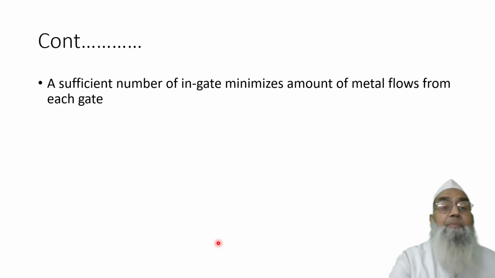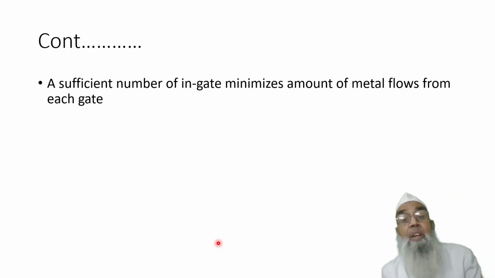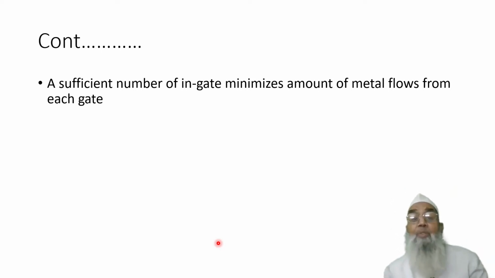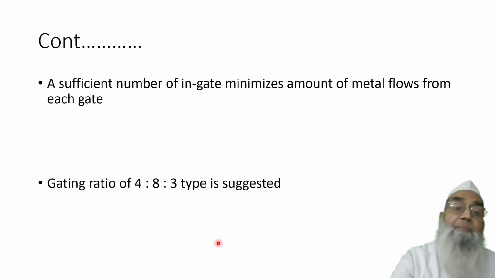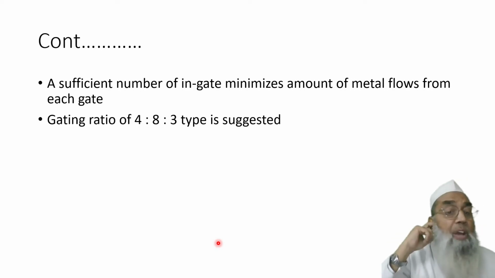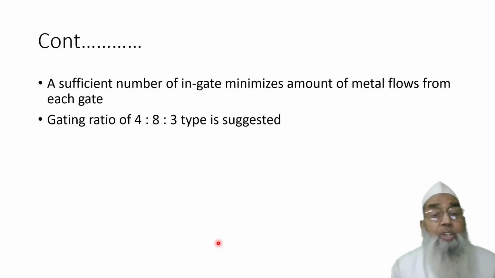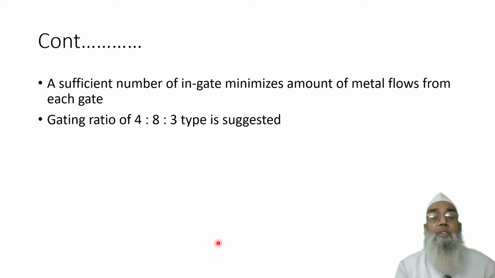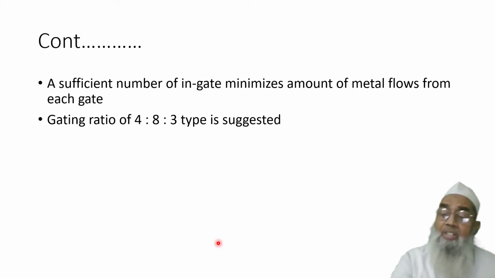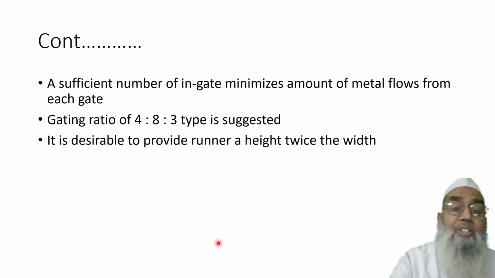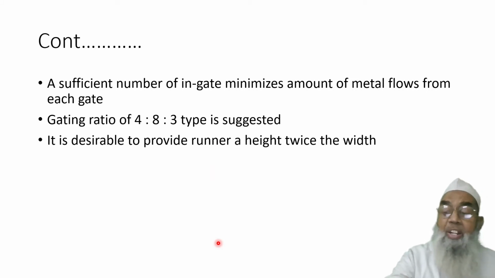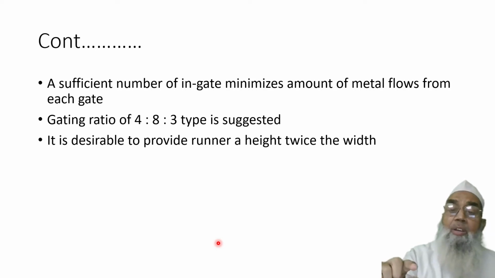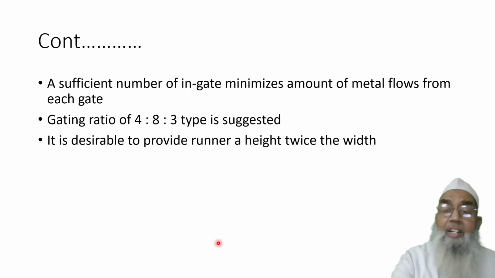Now, a sufficient number of ingates minimizes the amount of metal flow into each gate. A gating ratio of 4:8:3 is generally suggested. It is desirable to provide a runner with a height twice its width.